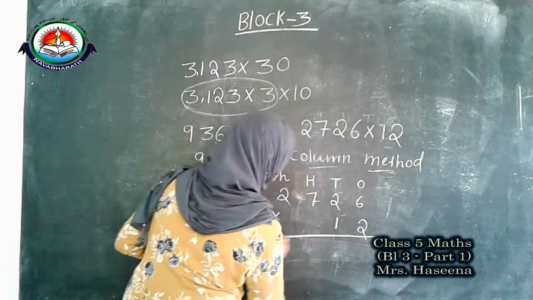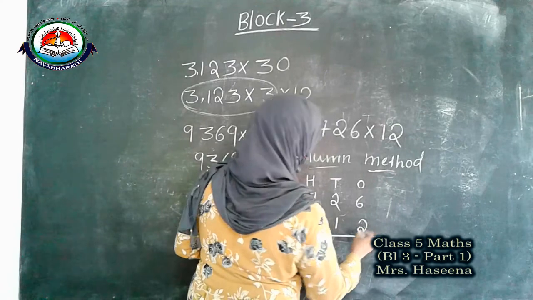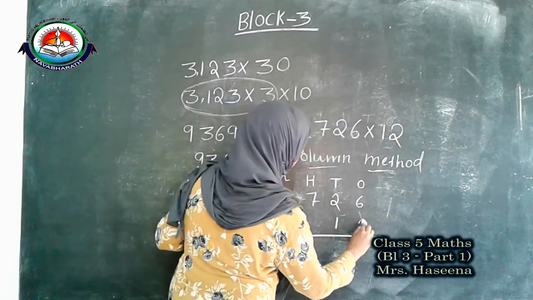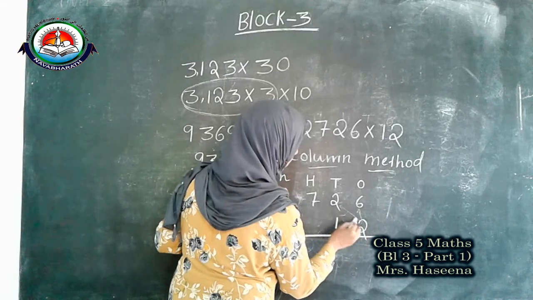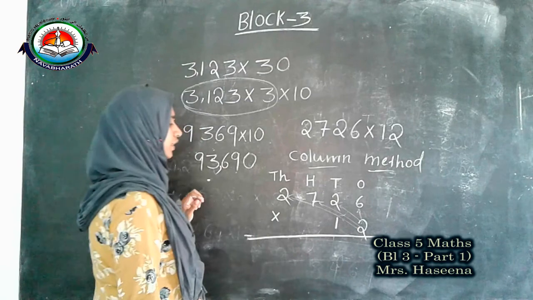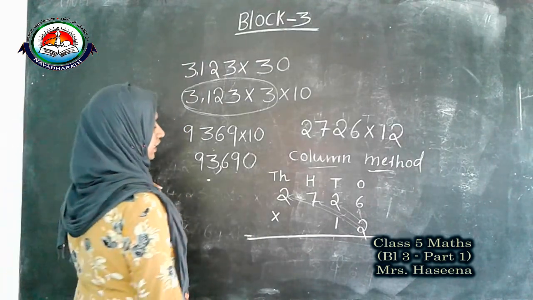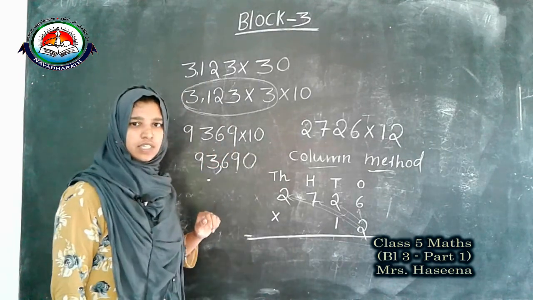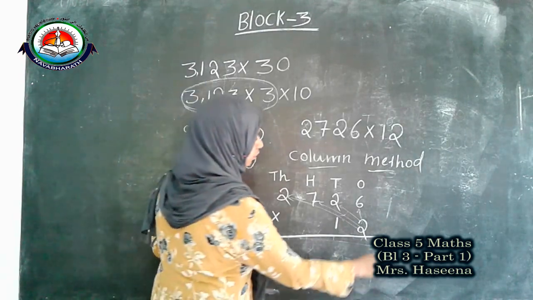Okay. What is 6 into 2? We know how to multiply: 2 with 6, 2 with 2, 2 with 7, 2 with 2. Here 2 into 6 equals 12.